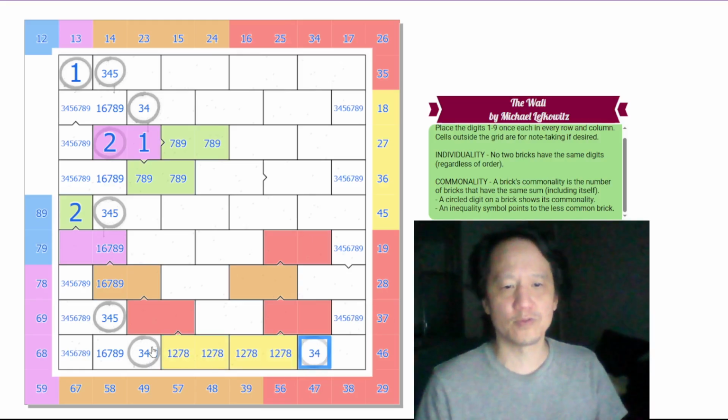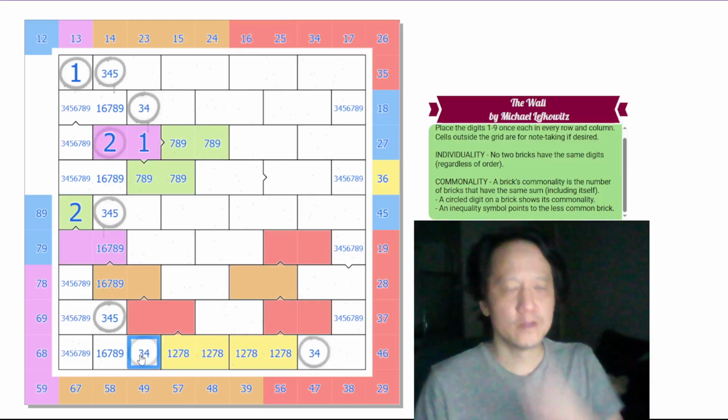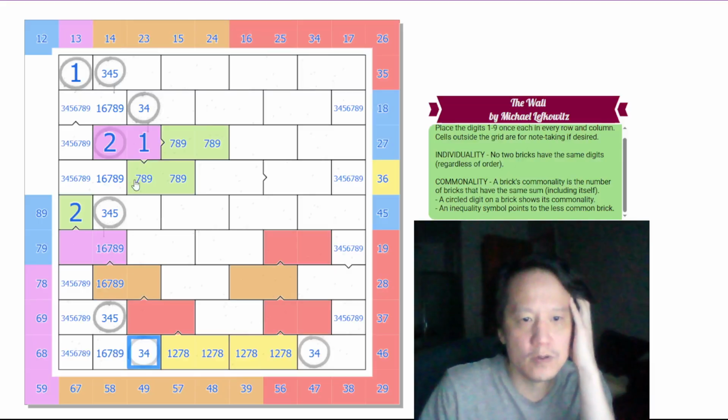So this must be 1827 because we have a 3, 4, 3, 4 pair here. The 5, 4 is already taken by one of these. So the 1827 are already taken here. So this cannot be 4 and 5. The 3 cannot be with 2 here.